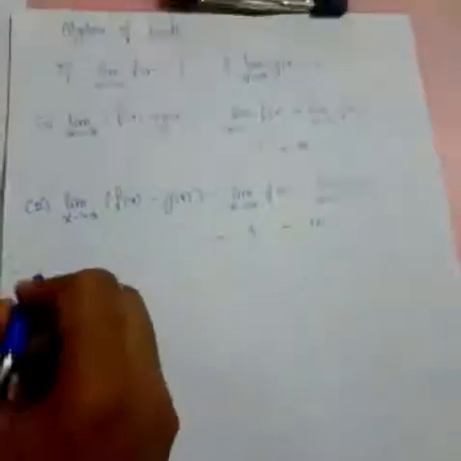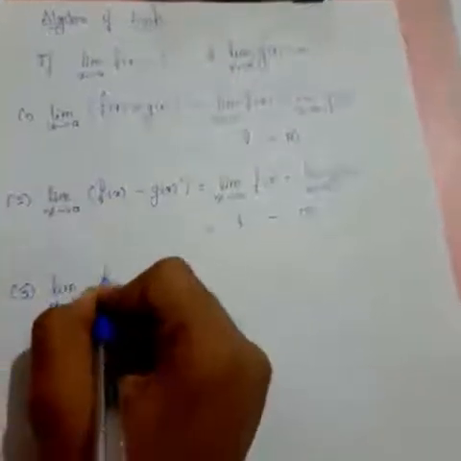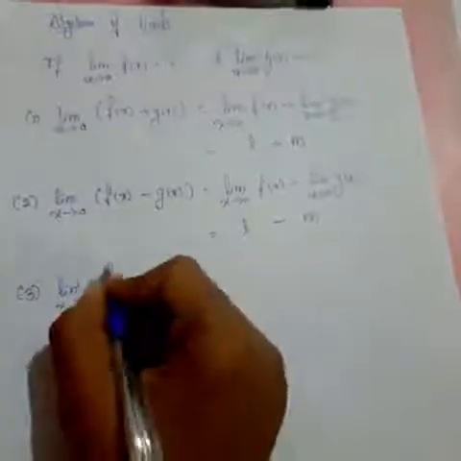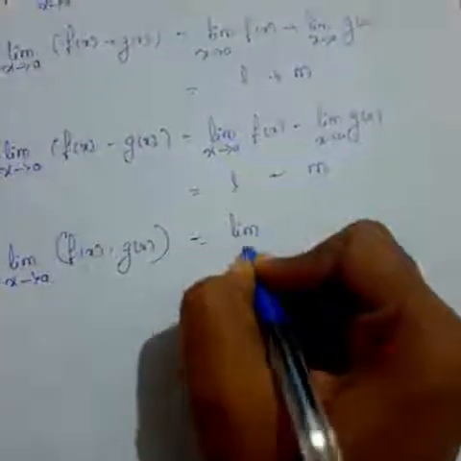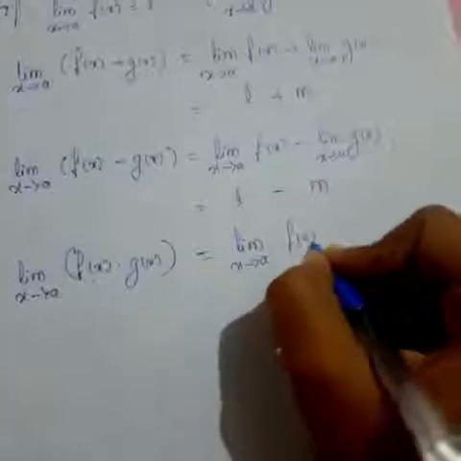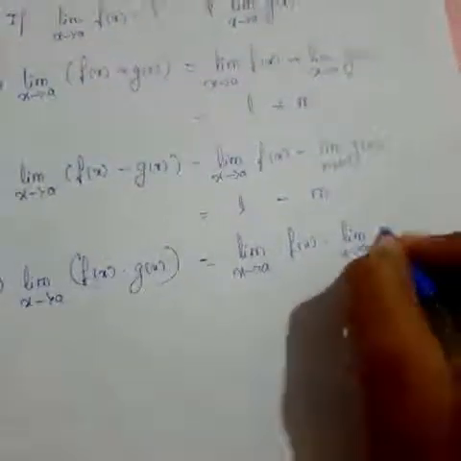Now the third one: the limit as x tends to a of f of x into g of x. Same, separate it: the limit as x tends to a of f of x and the limit as x tends to a of g of x.